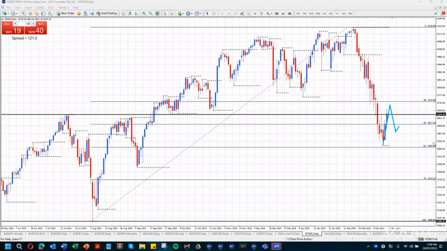All right, so I will be waiting to see if the day chart can put in a higher bottom. If it does, and you like to trade the indices, then start looking for your setup to get long. And if we get commentary from the Fed saying that we're going to maybe see more interest rate cuts, that's only going to be stock market positive.